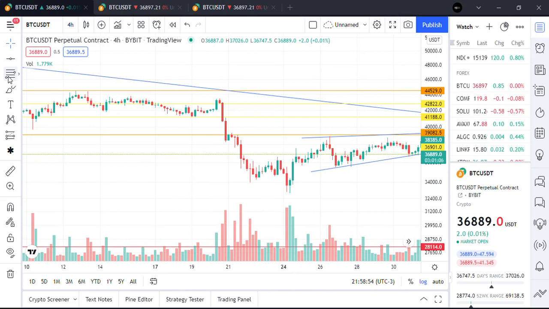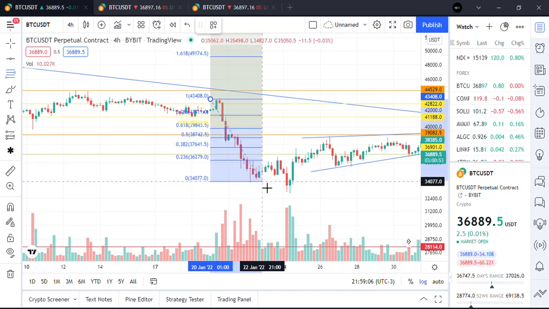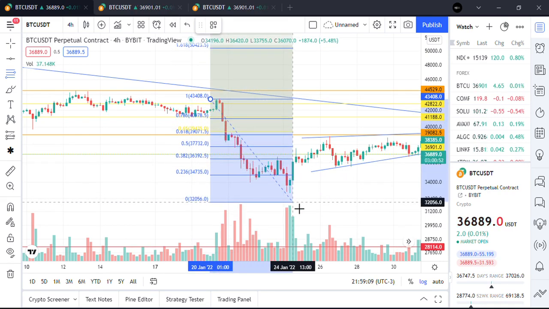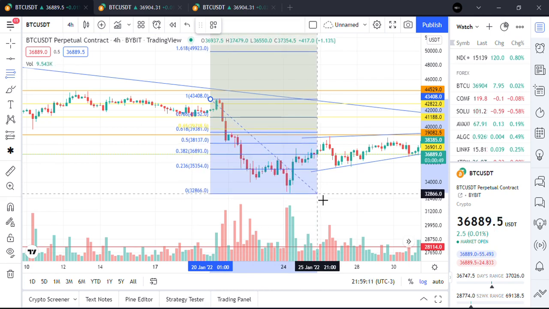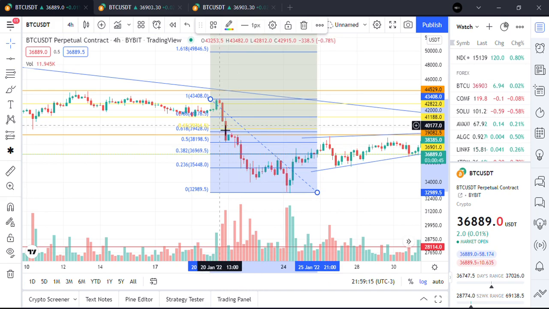So if Fibonacci is active now, you can do it for a down movement or an upward movement. For a sudden movement to the downside, you can draw a Fibonacci from here and drag it to the low. This is the lowest price went to, and this is the highest price went to.